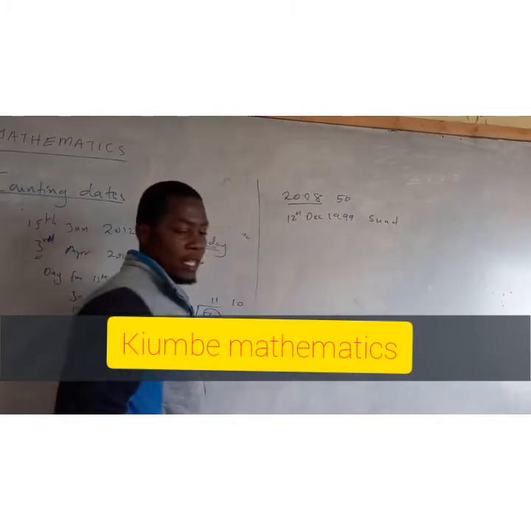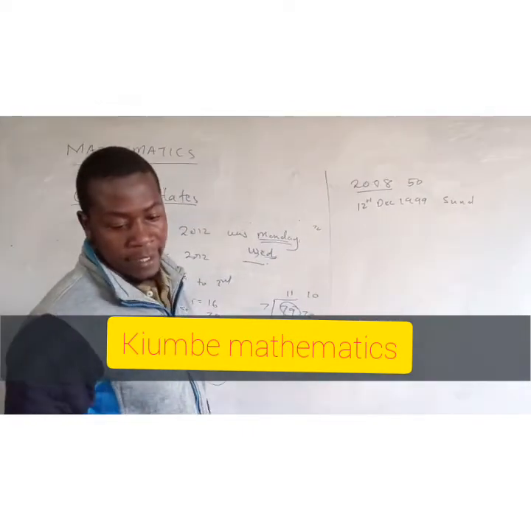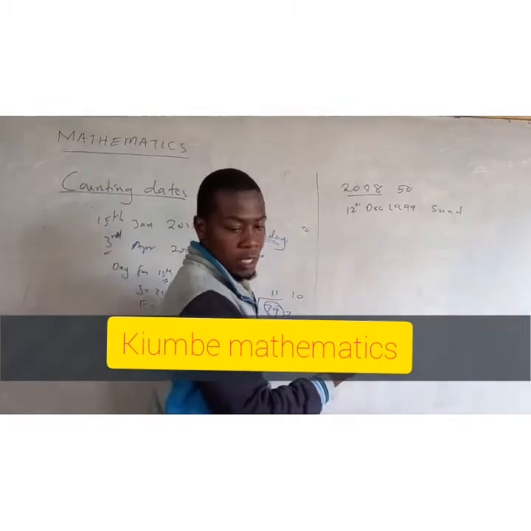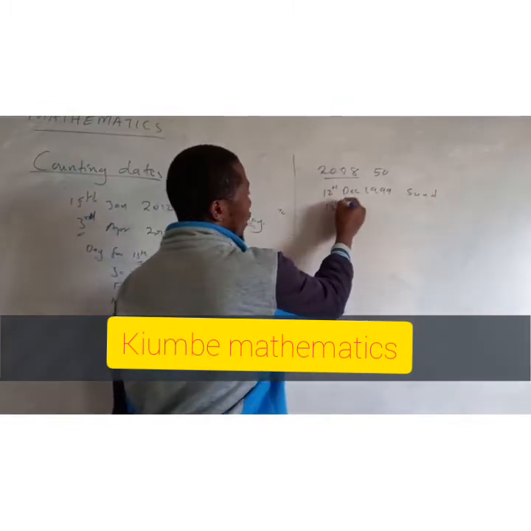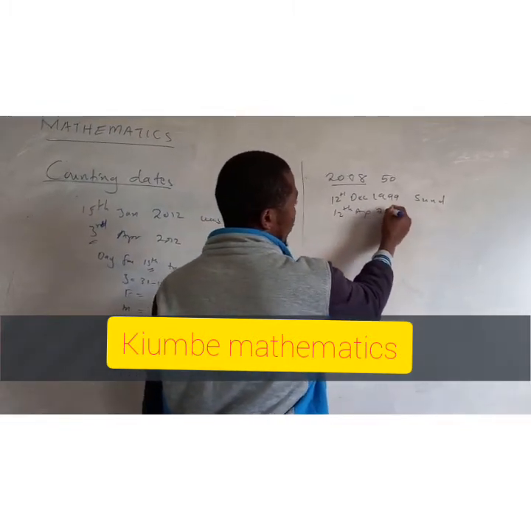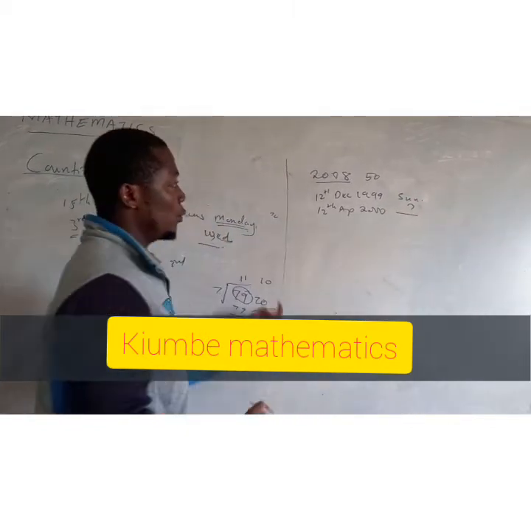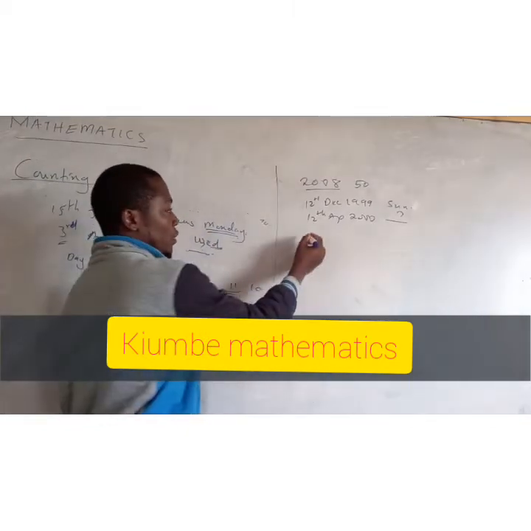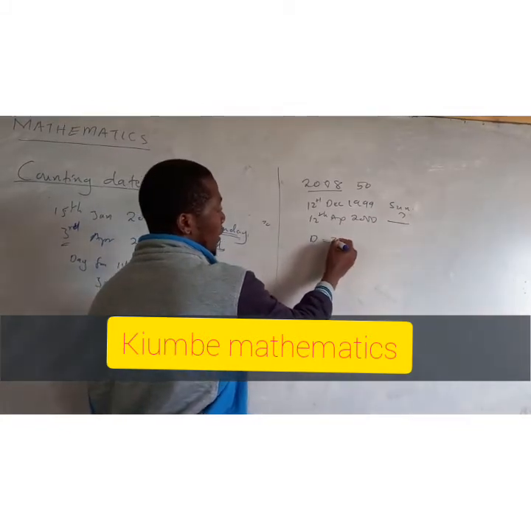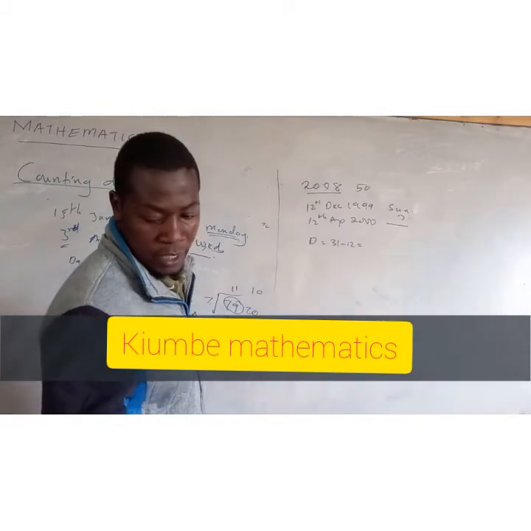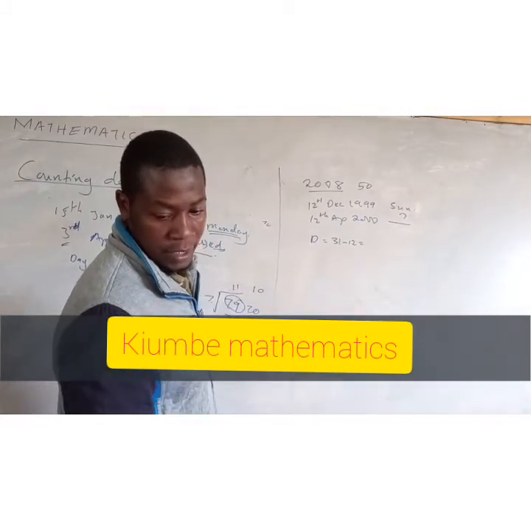The question is asking us to find the following year, 12th April 2000, which day will it be? For us to do this, we shall also get the number of days. In December, we subtract 31 minus 12, which gives us 19 days.